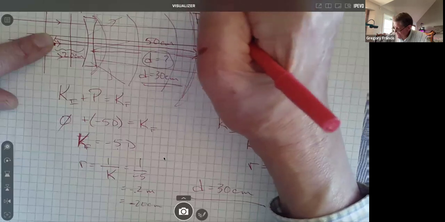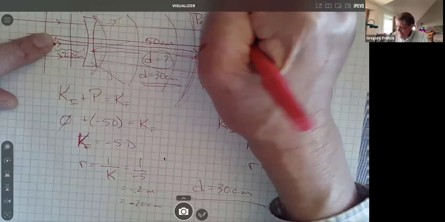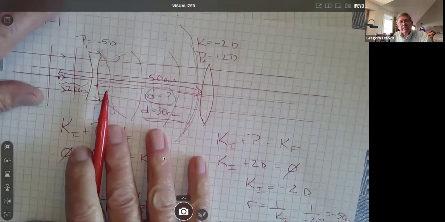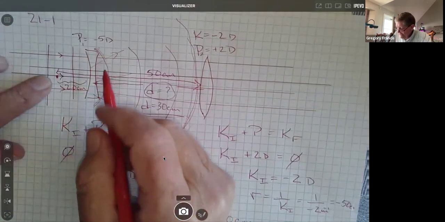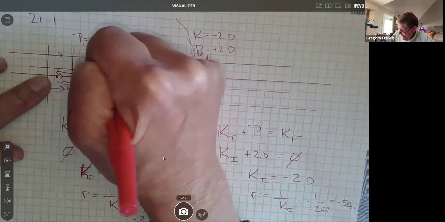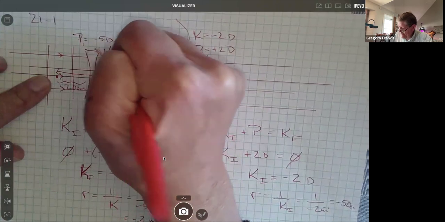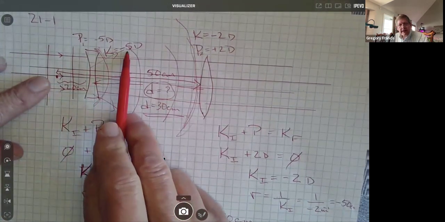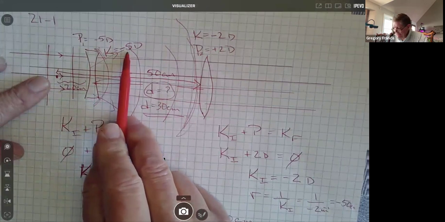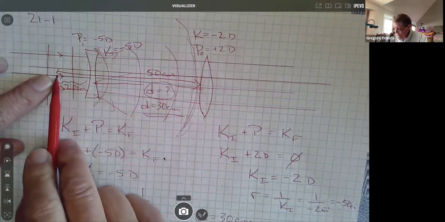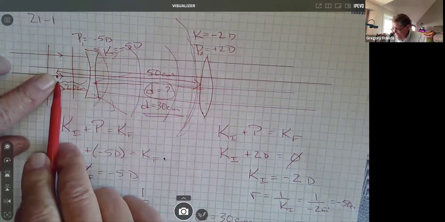They are 30 centimeters apart, okay? Because this wave, when it leaves this lens, had a curvature of -5, meaning that it was part of a circle that was centered 20 centimeters behind.